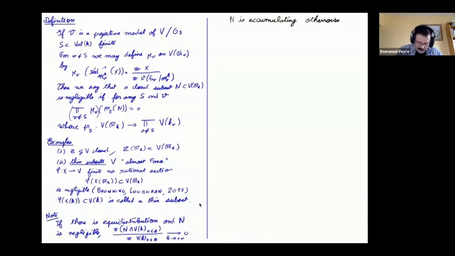So let me give you two classical examples of such accumulating subsets.